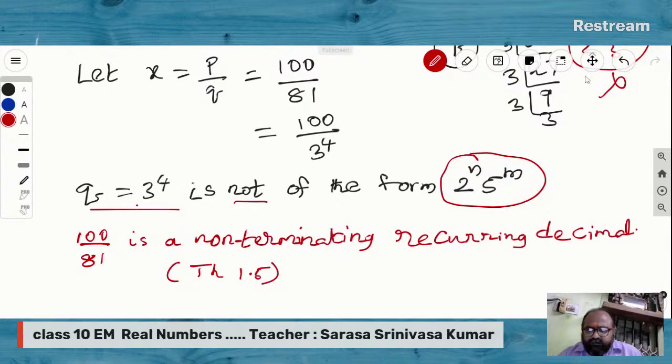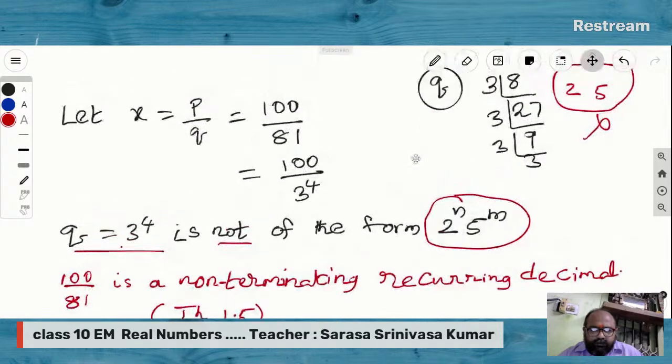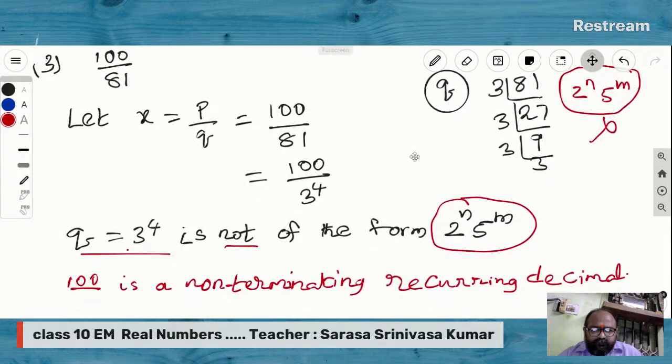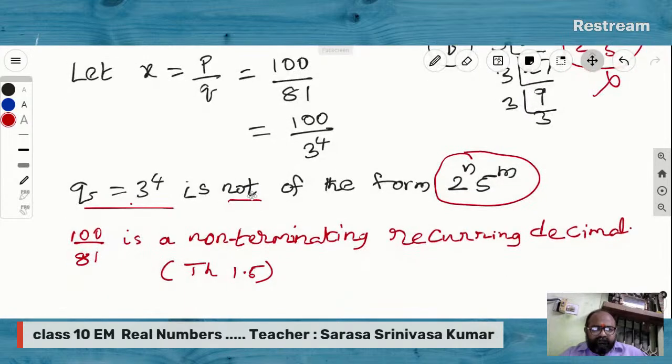So let us discuss this problem again. The problem is 100 by 81. It is given that 100 by 81. So let us take this as x. x equal to p by q, that equal to 100 by 81.